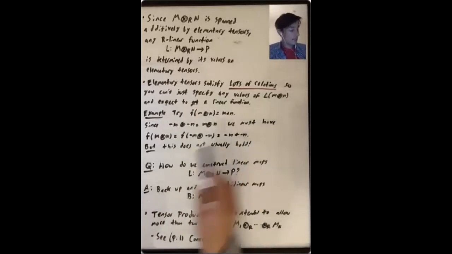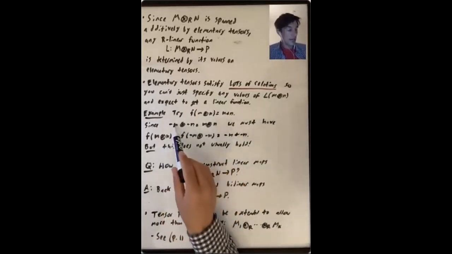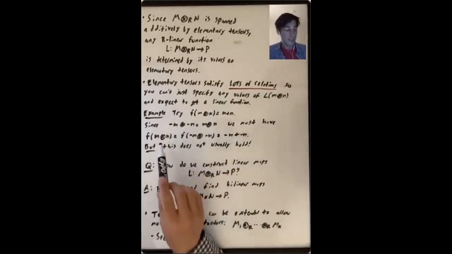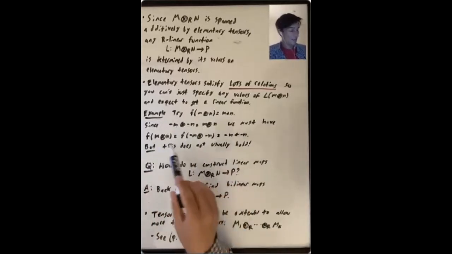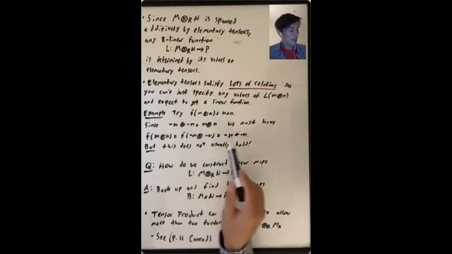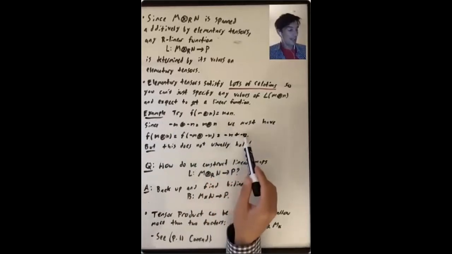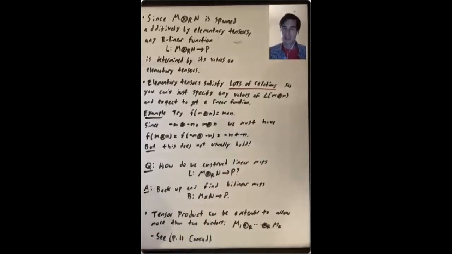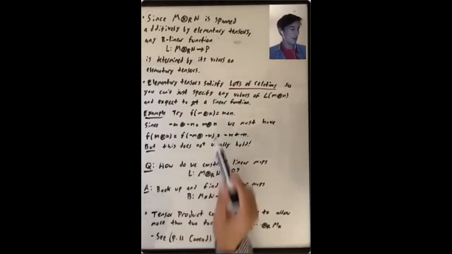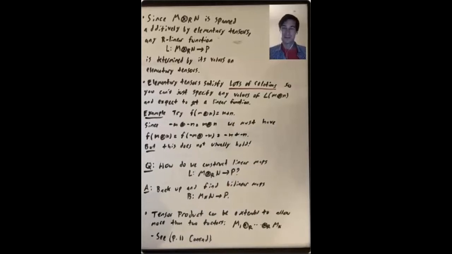So that means since m tensor n and minus m tensor minus n are the same element, f needs to do the same thing to that element. But f of minus m tensor minus n is minus m plus minus n, which is not usually the same thing as m plus n. I mean, that's only going to be true if 2m plus 2n is 0. Right? So this does not usually hold.